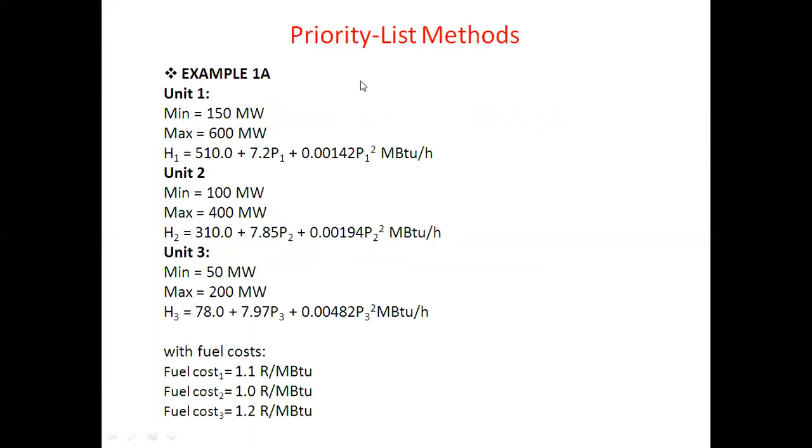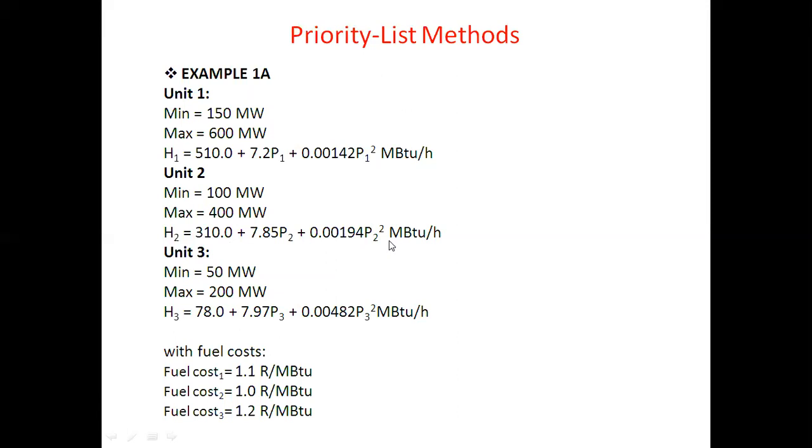In the priority list method, we are taking an example, example 1a. For unit 1, the minimum demand is 150 megawatt and the maximum demand is 600 megawatt, and H1 is given by this equation in MBTU per hour. For unit 2, the minimum demand is 100 megawatt and the maximum demand is 400 megawatt, and H2 is given by that equation.